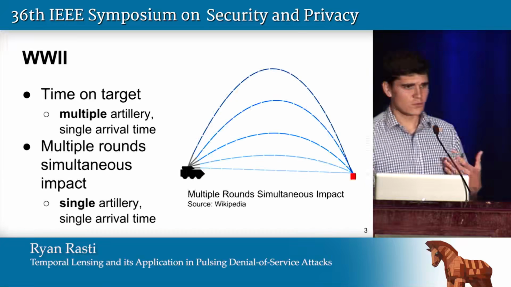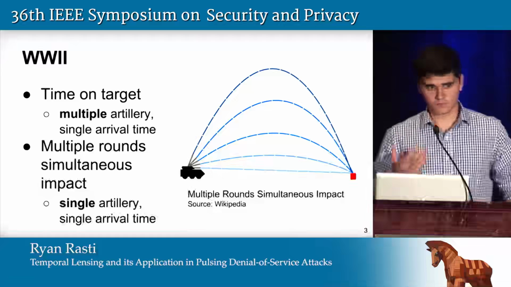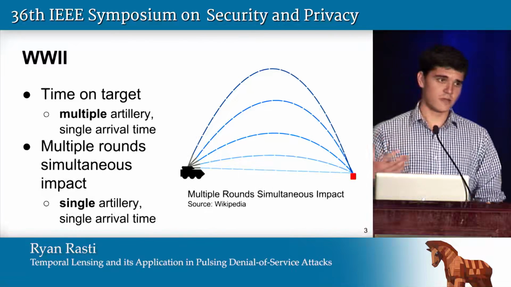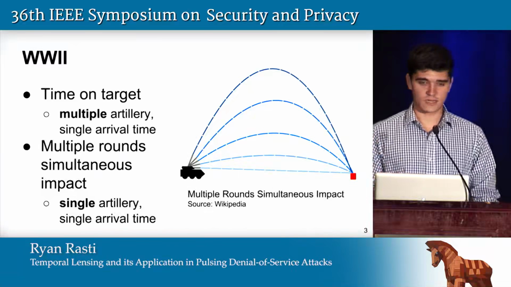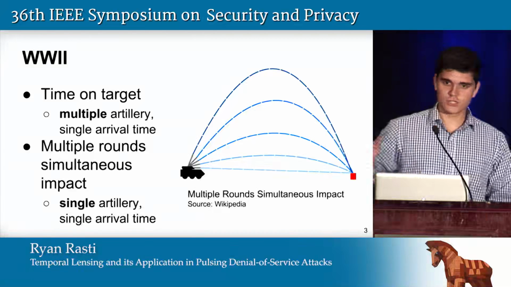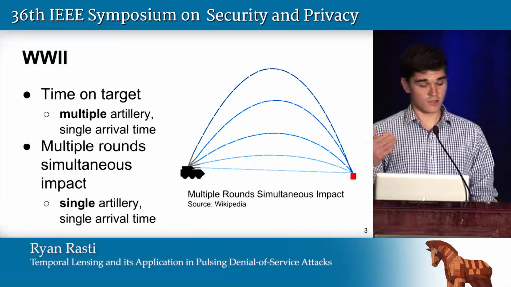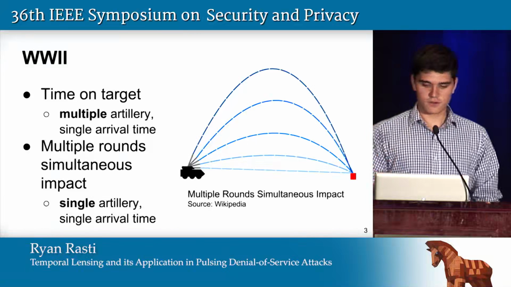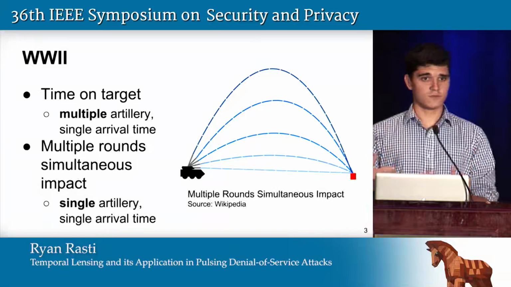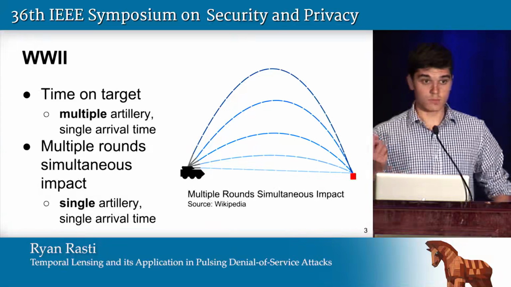And a newer and more advanced technique that borrows from time on target is multiple round simultaneous impact. And this is where a single artillery, by varying the trajectory and the charge of its firing, can fire multiple rounds and have all these rounds rendezvous on the victim in one burst.